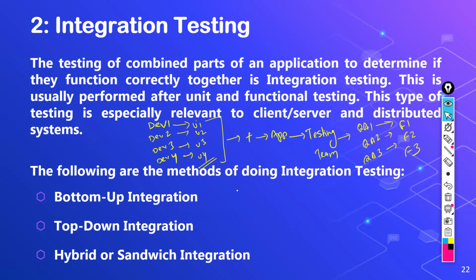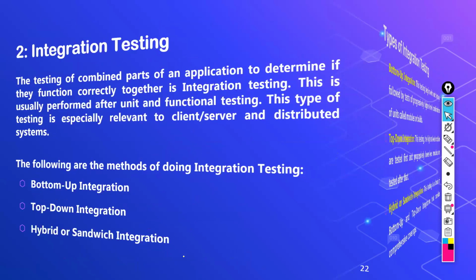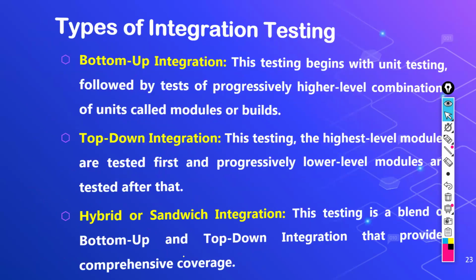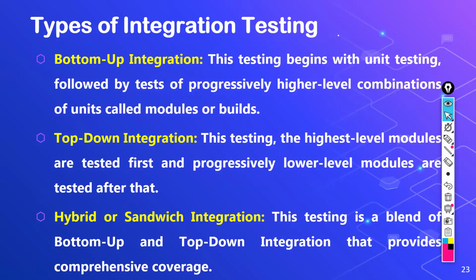So you can check that here in the integration testing. That's why we have three types: bottom up, top down, hybrid. In case of bottom up, your testing will start with the unit. Then you will go with the higher level combinations of units, because you have multiple of these unit modules.